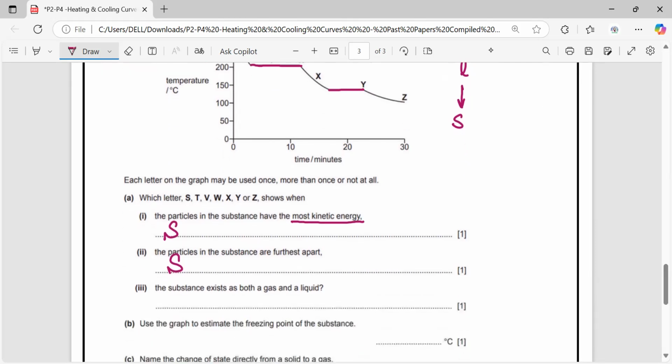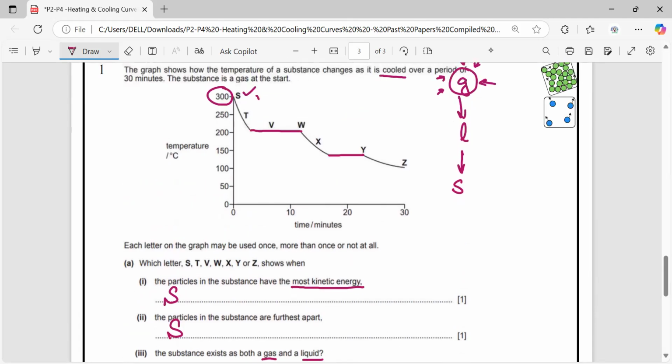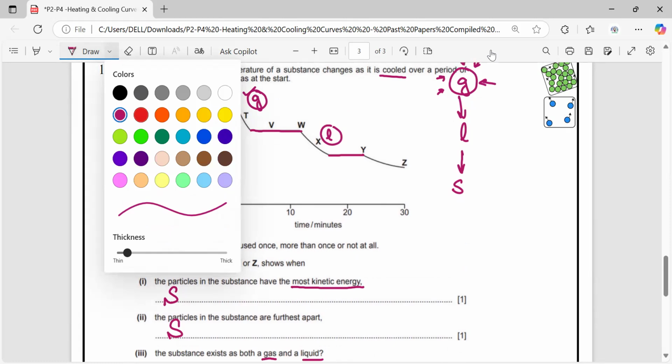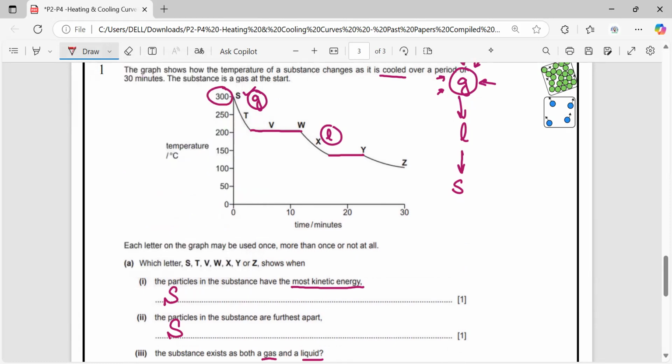The substance exists as both a gas and a liquid. So this is a gas. We are starting the cooling curve from the gas and then it turns into liquid. Remember, when the temperature is changing, it is some kind of state.